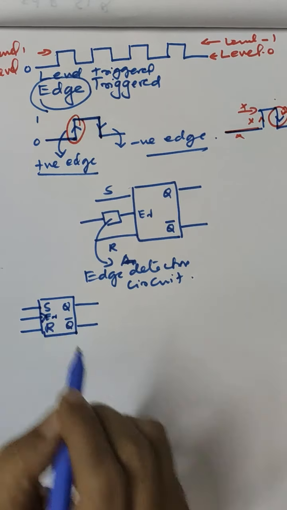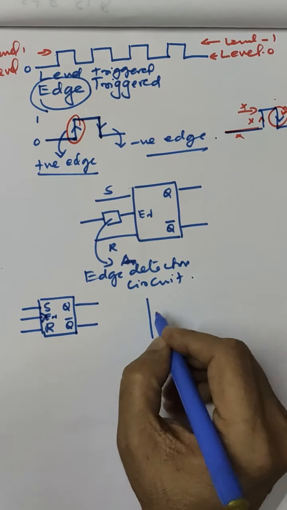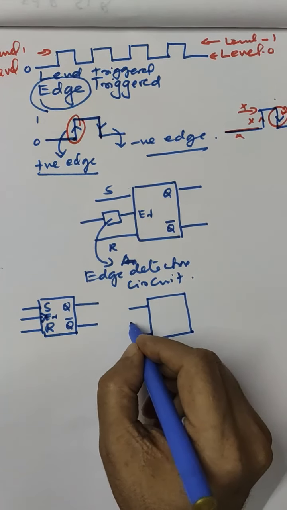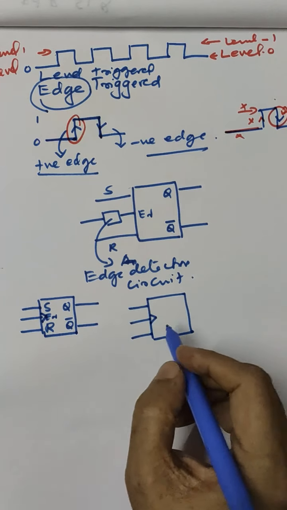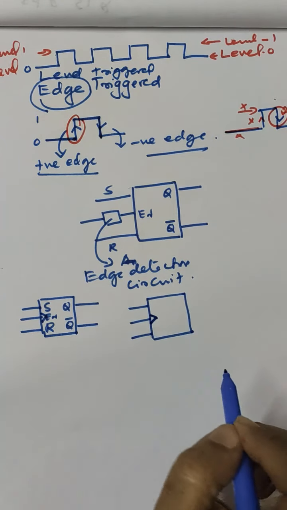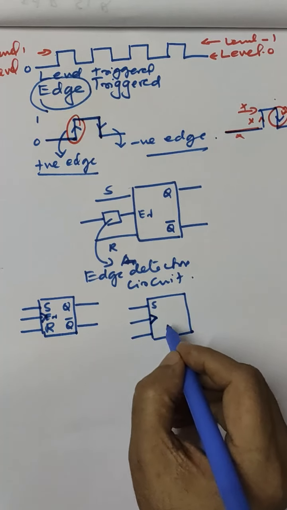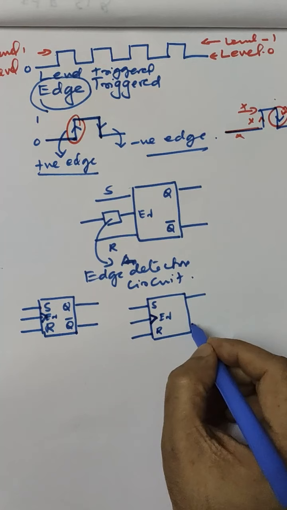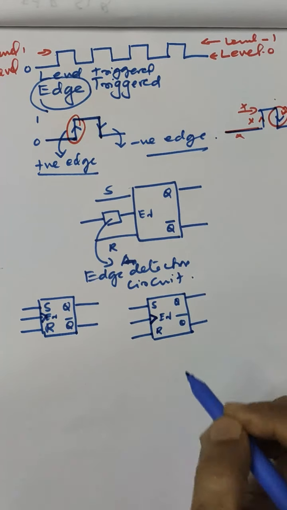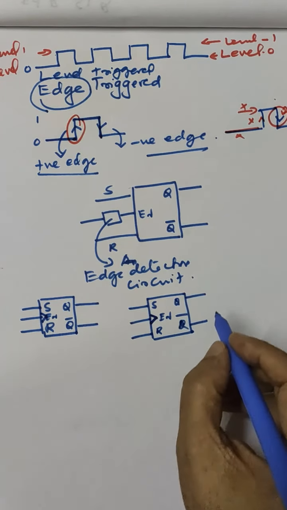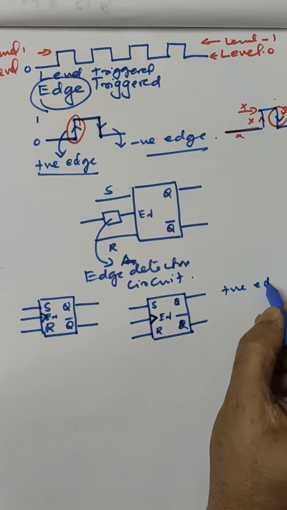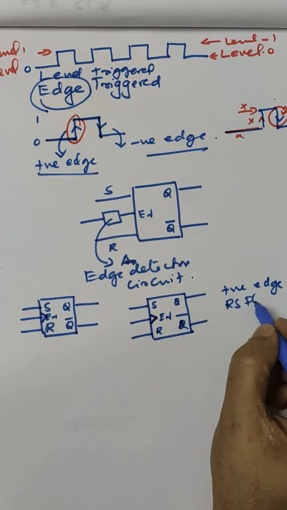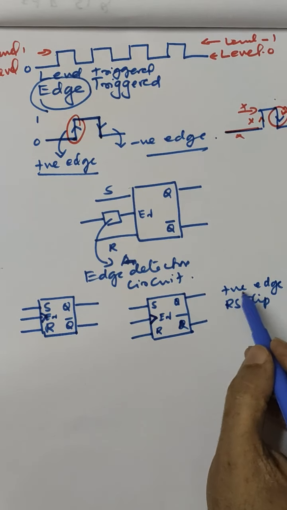By putting a small triangle at the input, which represents the clock edge. So this is S and this is R and this is enable, Q bar. So this is a positive edge triggered RS flip-flop.